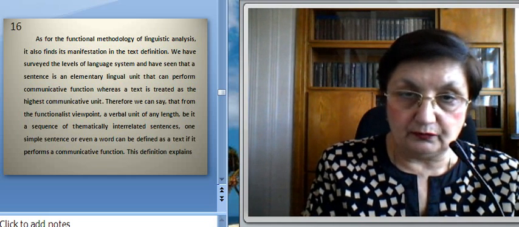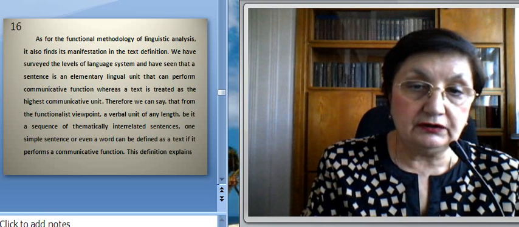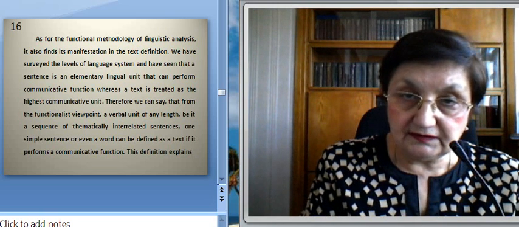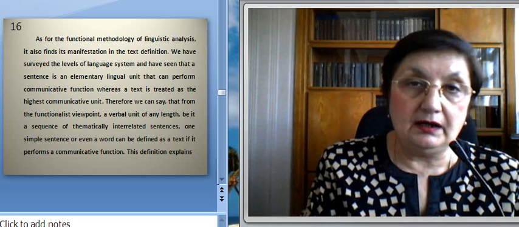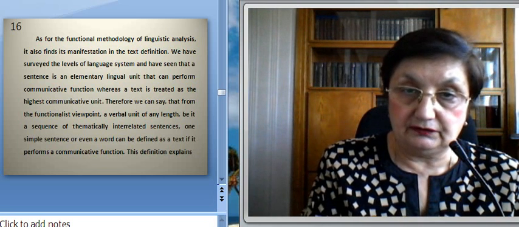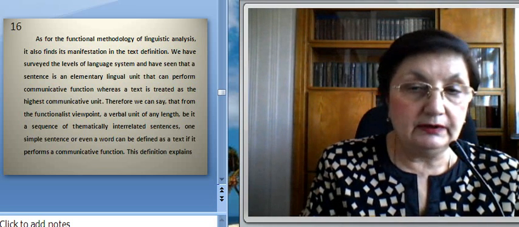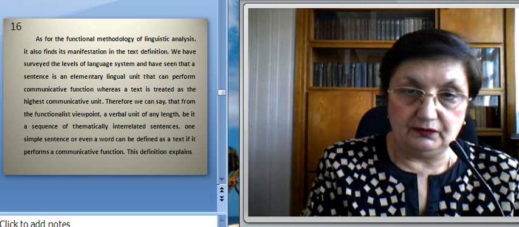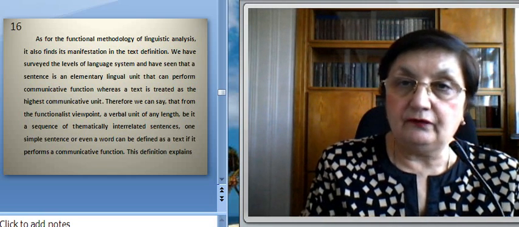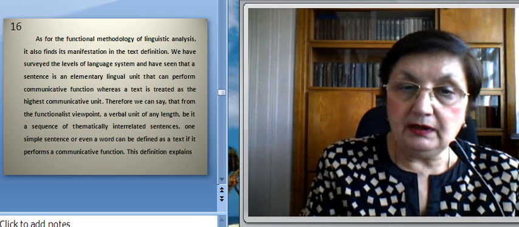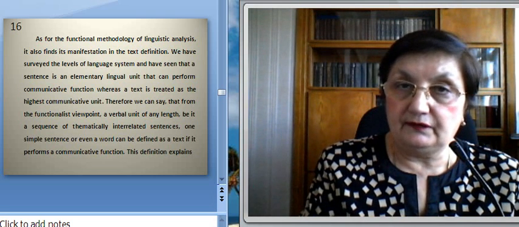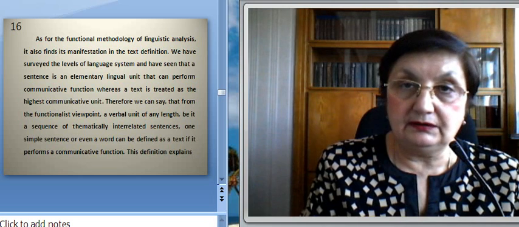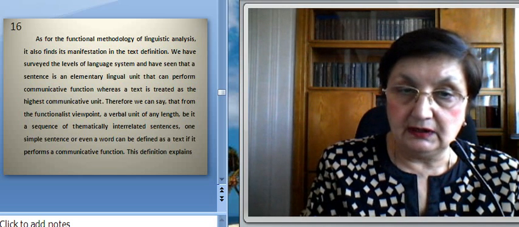Therefore, we can say that, from the functionalist viewpoint, a verbal unit of any length, be it a sequence of thematically interrelated well-formed sentences, one simple sentence, a phrase, or even a word, can be defined as a text if it performs a communicative function.